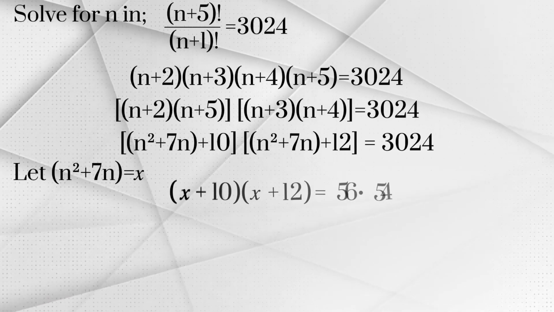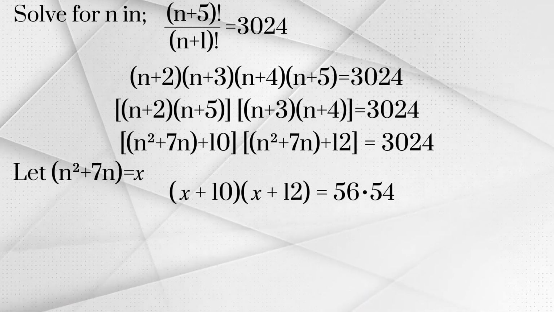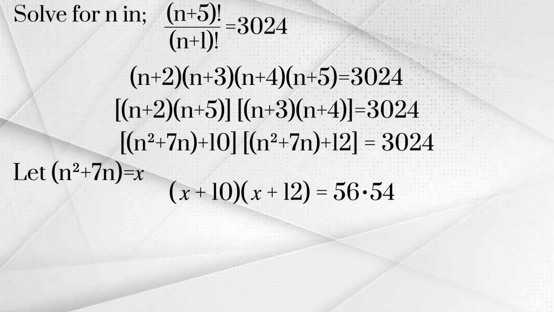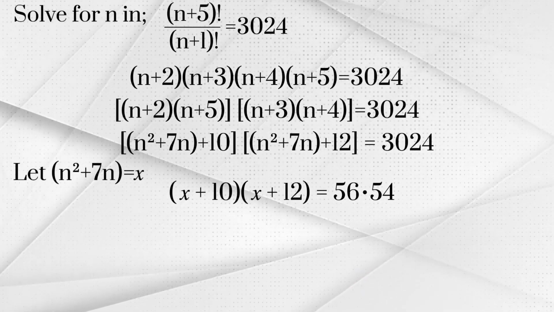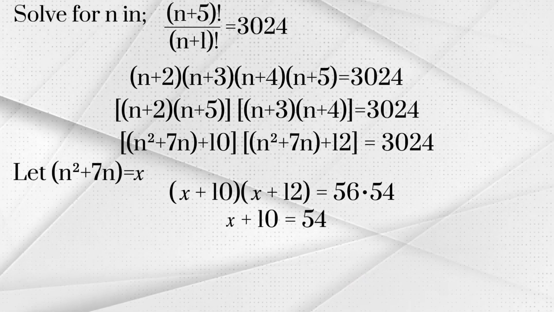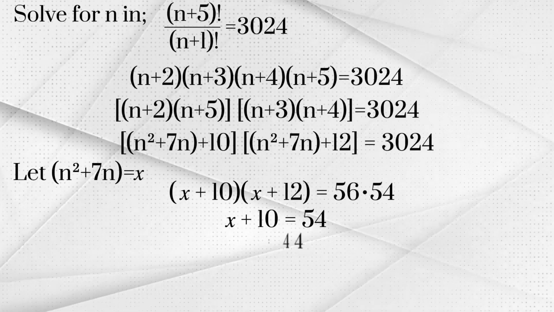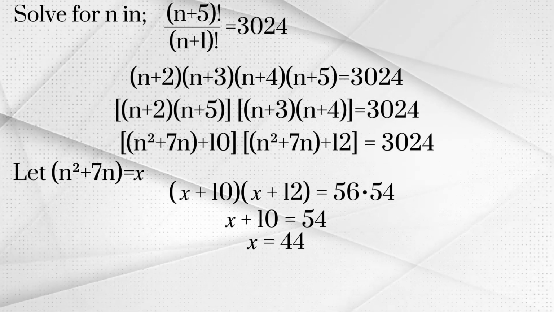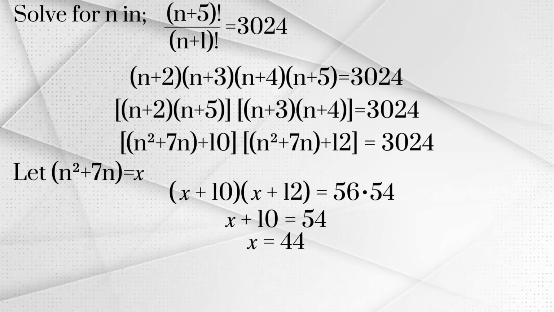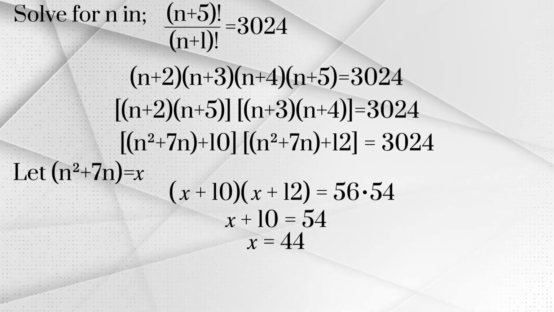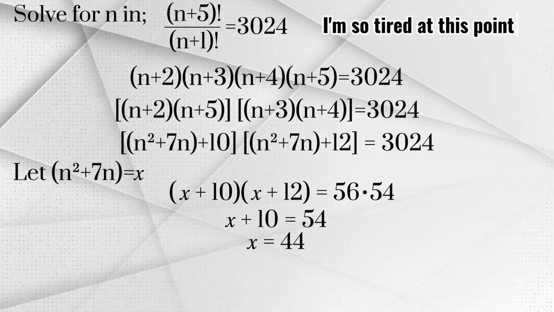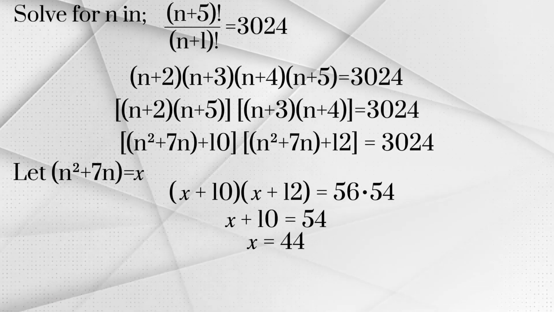This gives 54 times 56, and these two numbers have a difference of 2, so this was our goal. The lesser one will be the x plus 10, so x plus 10 equals 54, and x in this case will be 44. Of course, there's another case with negatives, but these are factorials, and factorials are not defined for whole number negatives. So basically x is 44.